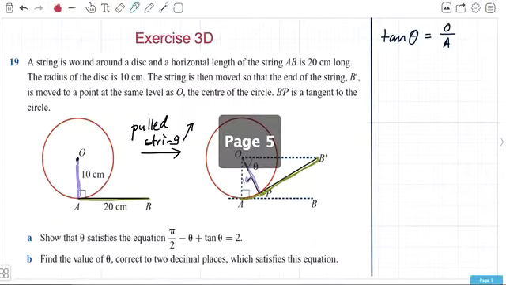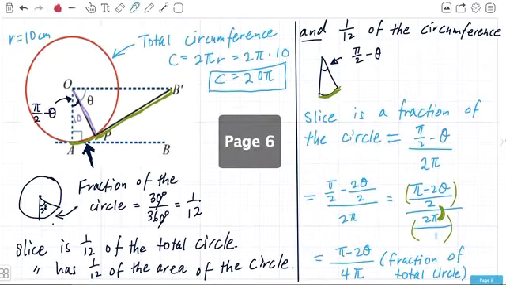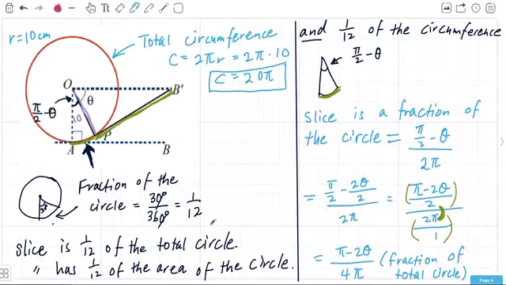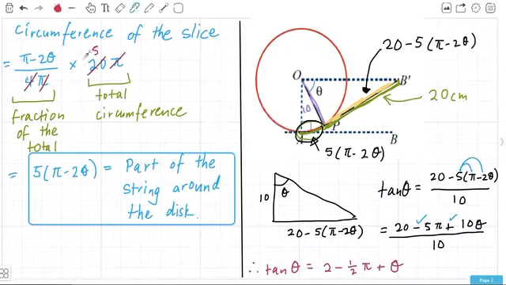The key one being identifying the little piece of the string there as a segment of the total circle, figuring out what fraction of the circle it is, which is this. It's quite ugly looking, but keeping with it, okay? Keeping your eye on the prize that this is the circumference here. It's a part of the circumference. Total circumference is 20 pi. The fraction of the total circumference is this fraction times 20 pi, which gets you to here.